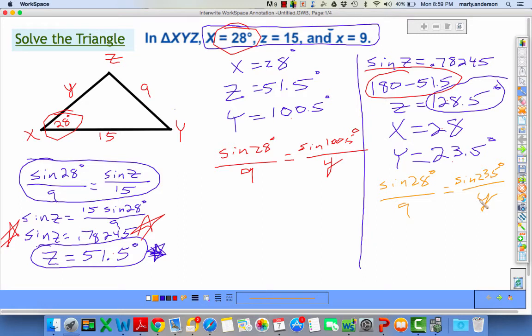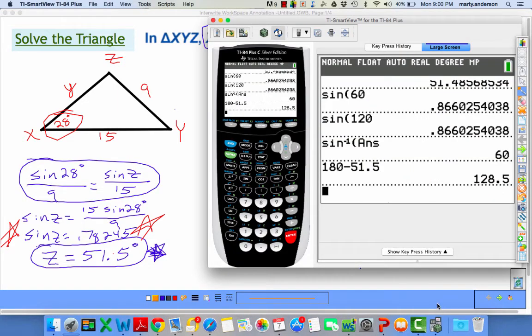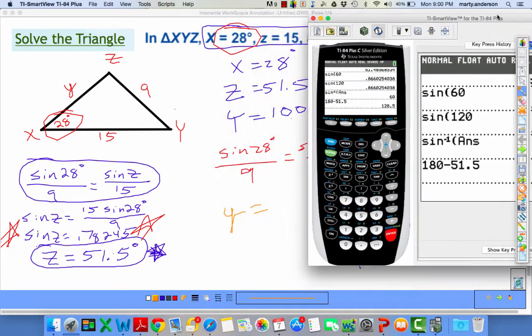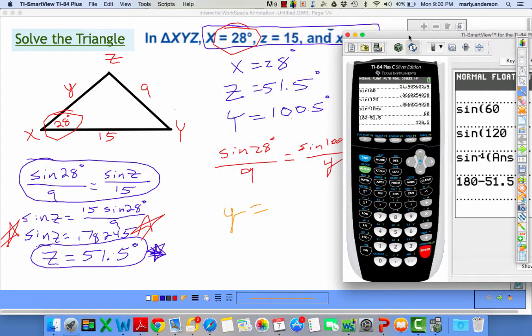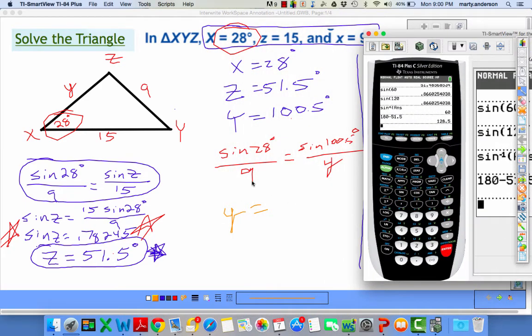There are two different triangles that make this work, one of which has a y of whatever this ends up being. We can do that on our calculator. Grab your calculator, do your calculations, and I get 9 times the sine of 100.5.